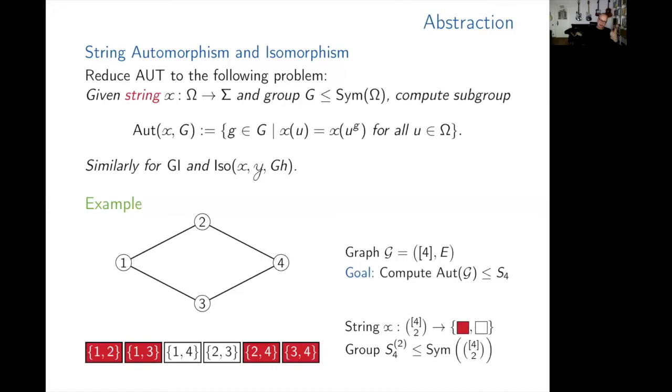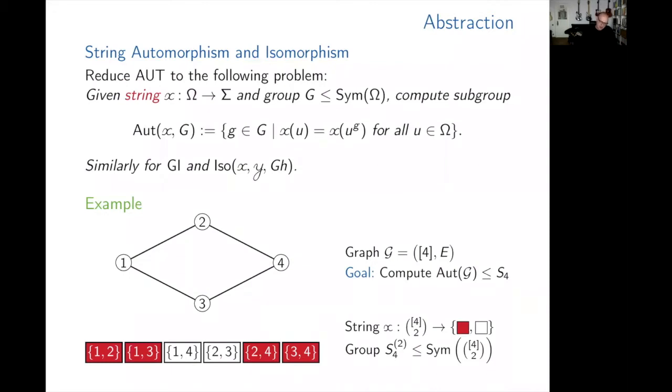Basically, we can go to smaller and smaller groups. So a general strategy will be, we start with the full symmetric group of all permutations, and then throw away things that are not automorphisms, and then we hope in the end to have the automorphism group. And this formulation allows us to go to smaller groups.